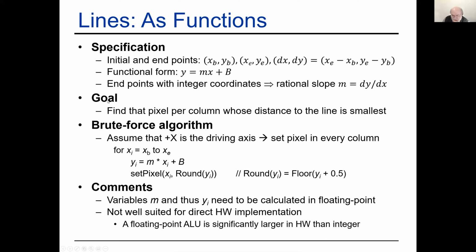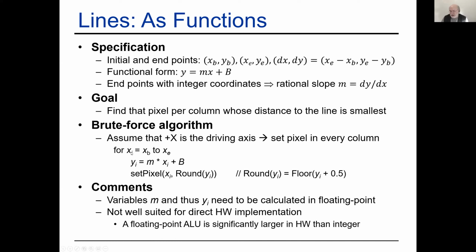And so the goal is that for each column, again using x as a driving axis, we want to find the pixel that is closest to the line, and then we set that pixel. Now the brute force algorithm is really trivial.